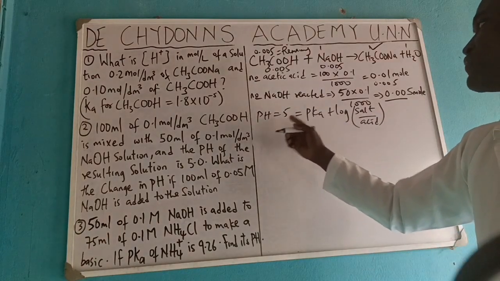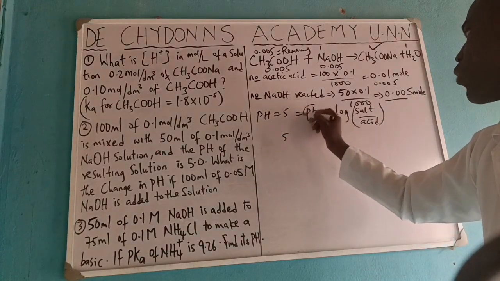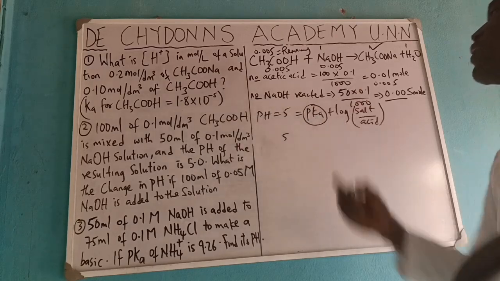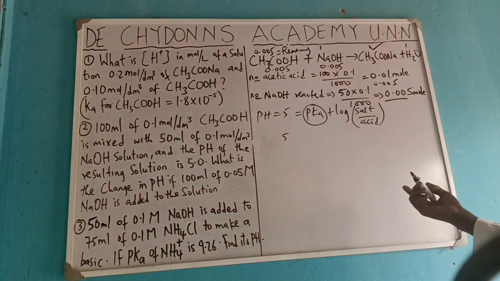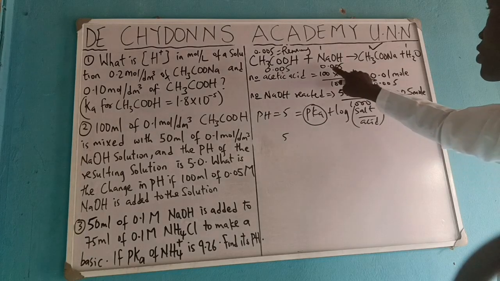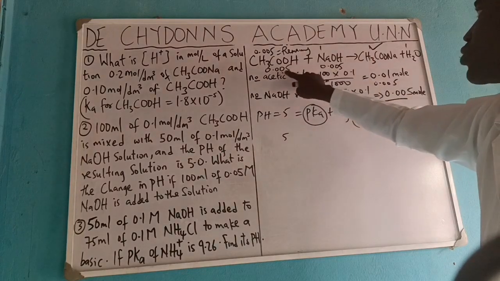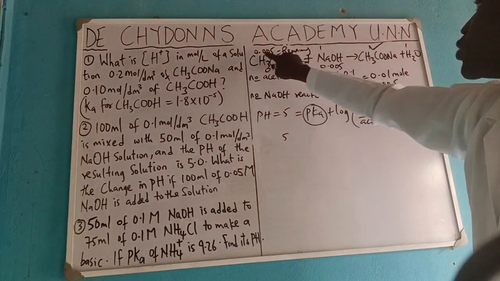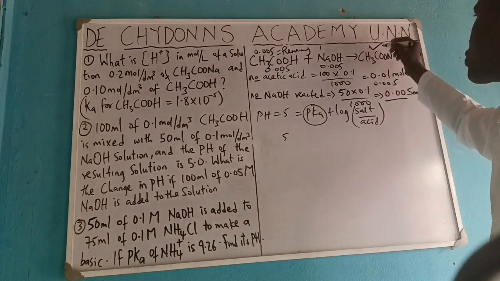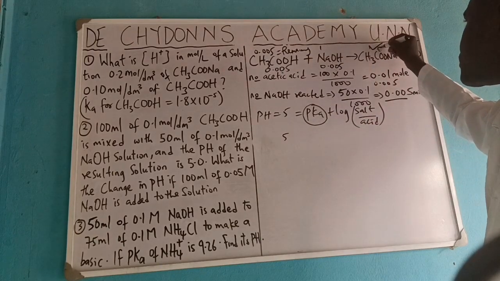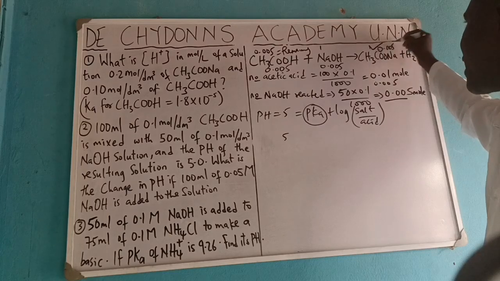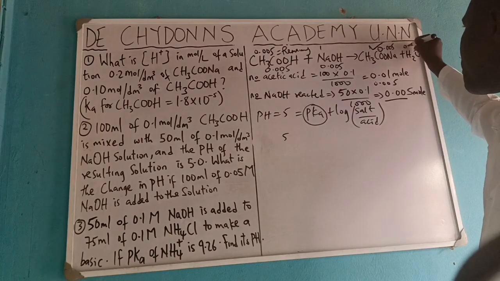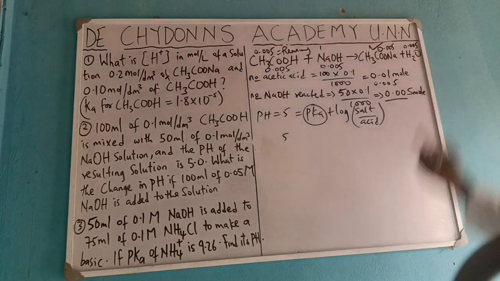Now pH is 5, so we are looking for pKa. Because this reacted with this, this will now remain, and it will produce 0.005 of salt and also 0.005 more of water.